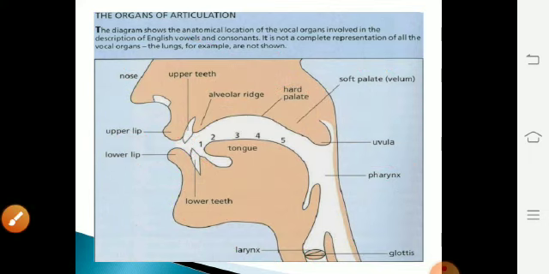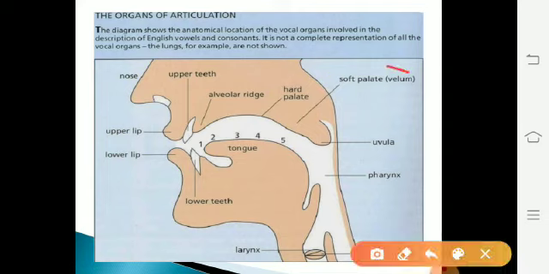Again, we are going to see this diagram. We are going to talk about the soft palate. Soft palate is important because it acts as a valve in opening and closing the nasal passage of air.